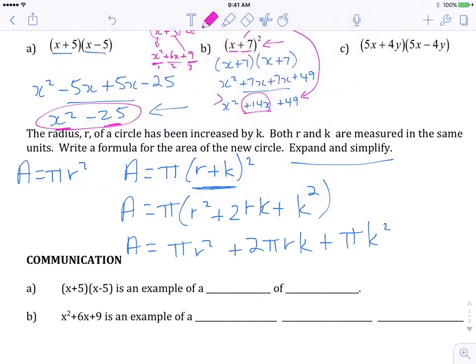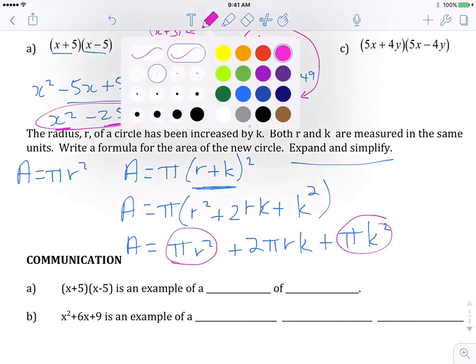And you may notice that you have a perfect square and a perfect square, and that's one characteristic of a perfect square trinomial.